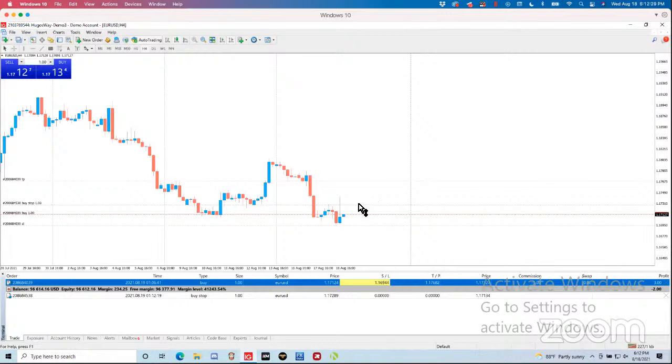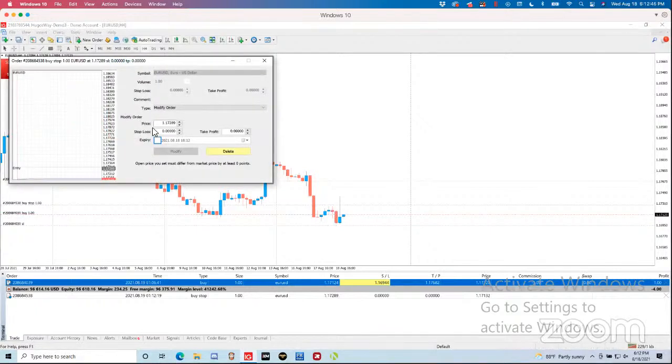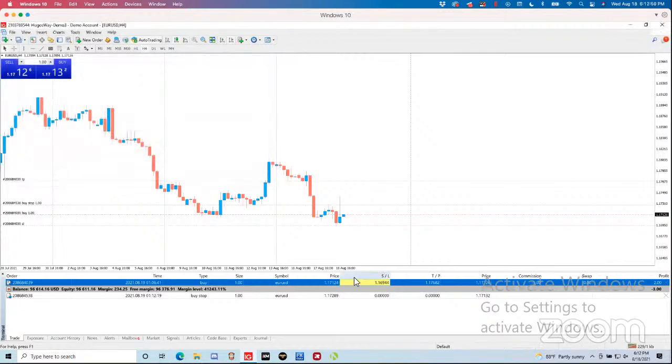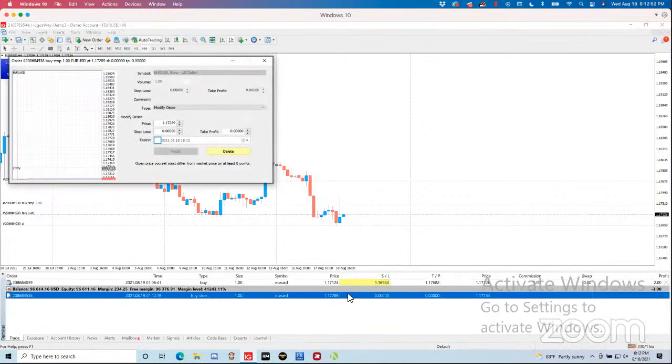This is the only time when you need to know where price is for your stop loss and take profits. If you put in a pending order, you can double click it on the chart, put in your stop loss, take profit, or you can come down here and double click it, stop loss, take profit.